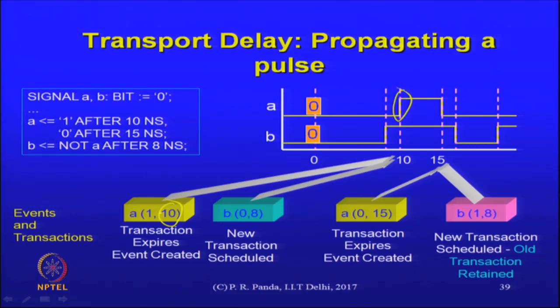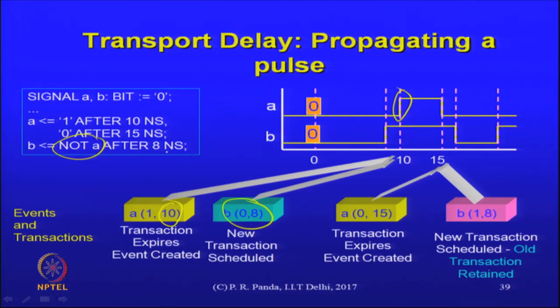Now, because an event is created on signal A at time 10, that statement gets triggered because of the event. So, that statement is triggered and a new transaction B08 is scheduled 8 nanoseconds from 10, which is scheduled to be processed at 18.